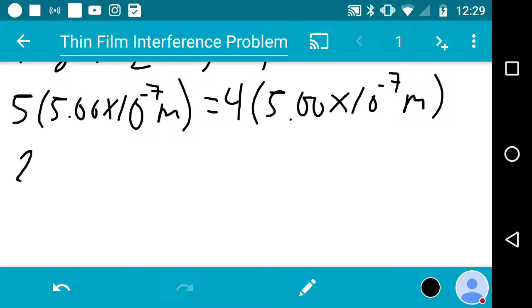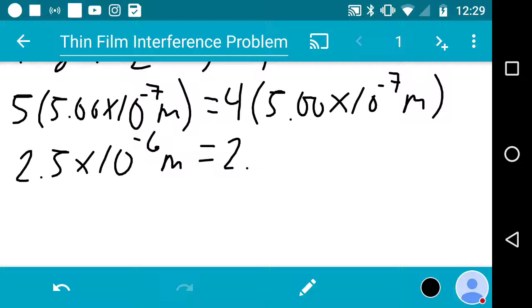This side will give us 2.5 times 10 to the minus 6. And this side will also give us... I wrote the wrong number in here.